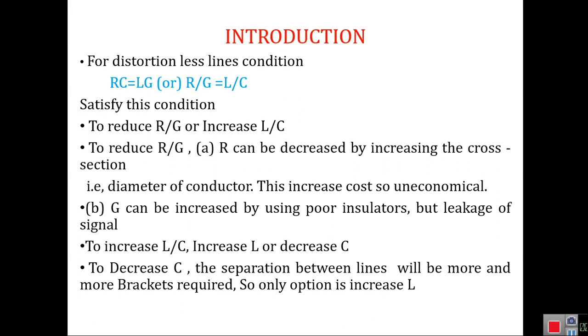To satisfy this condition, we have to either reduce R by G or increase L by C. First we take R by G to reduce it. In R by G, R can be decreased or G can be increased. R can be decreased by increasing the cross-section area of the conductor.